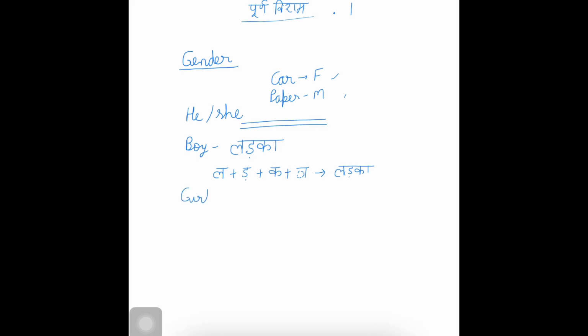Now, if I have to write girl, this ladka becomes ladki. Everything else remains the same. Only this a की मात्रा gets replaced by e की मात्रा.